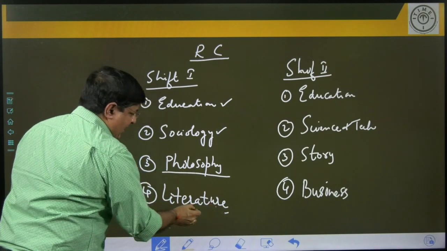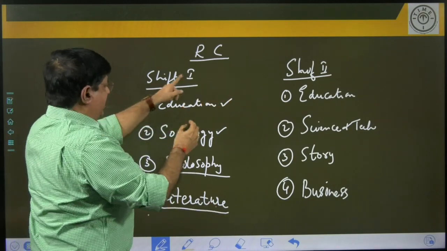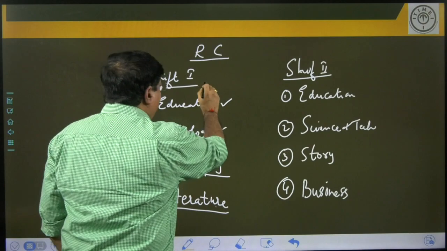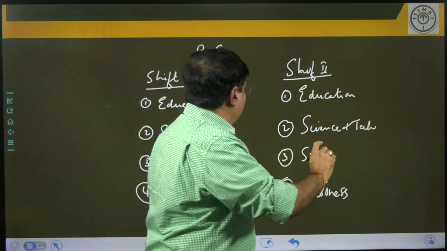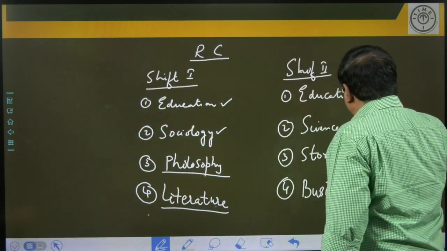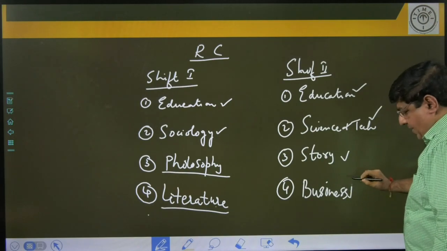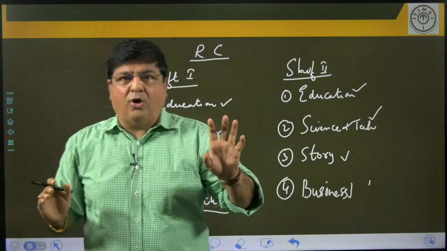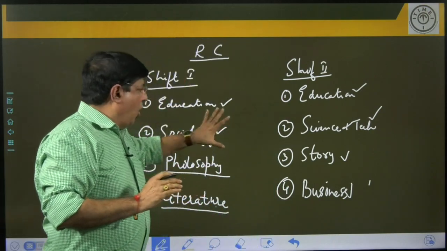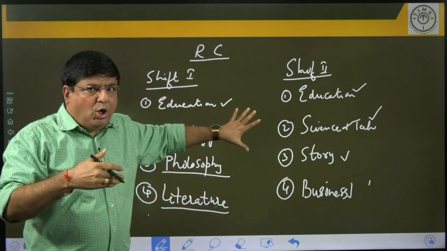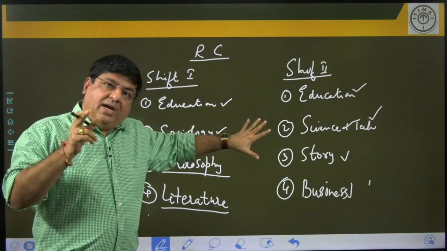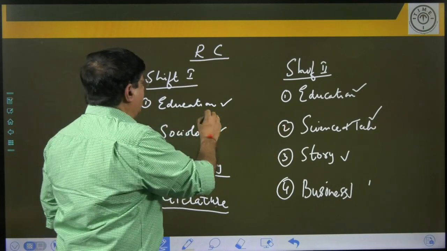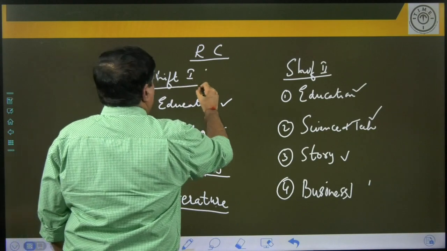ఫిలాసఫీ అండ్ లిటరేచర్, all these 4 passages in shift 1 were difficult when compared to passages in shift 2, education, science, technology, story and business. Difference ekkada undante, first shift lo 4 passages that he has asked, all the 4 passages were difficult to understand, but if you understand the passage, answering the questions were easy.